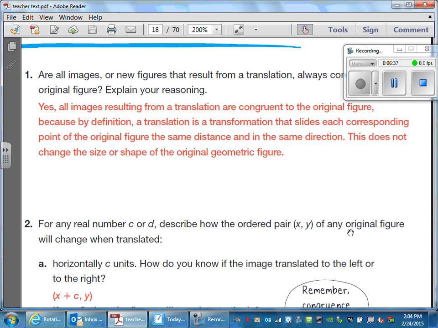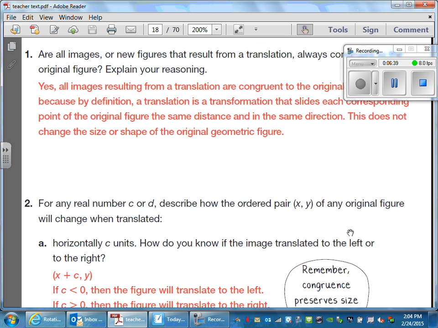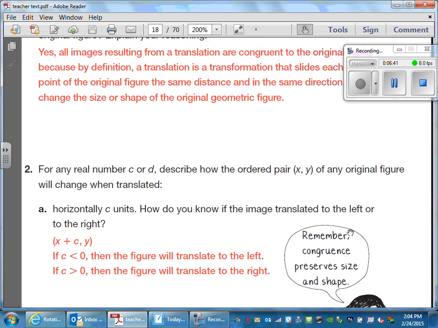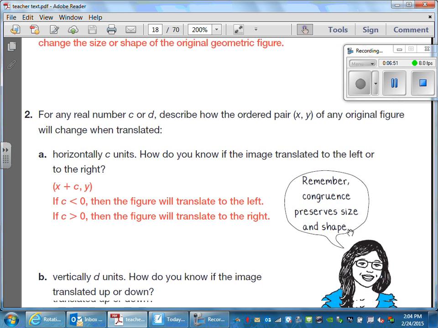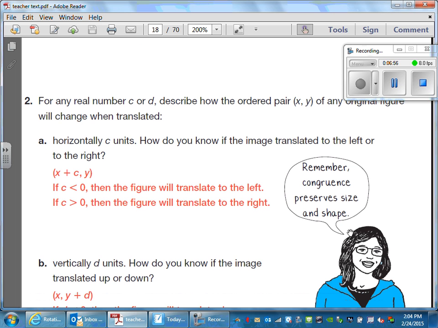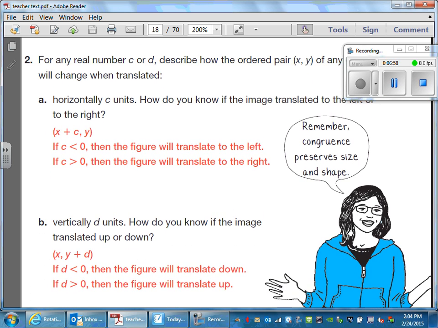Or if it's negative 7 for C, then it subtracts 7. So when I do horizontal, the X coordinate is affected. When I do vertical, the Y coordinate will be affected. Whatever your D units are, you'll take Y and add D to it.